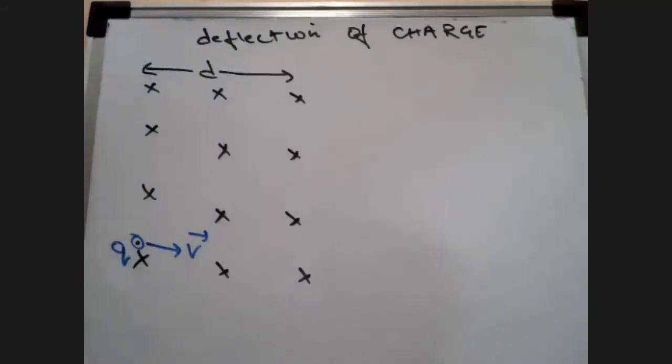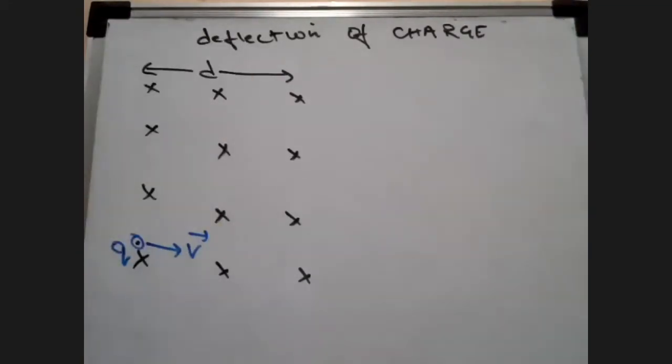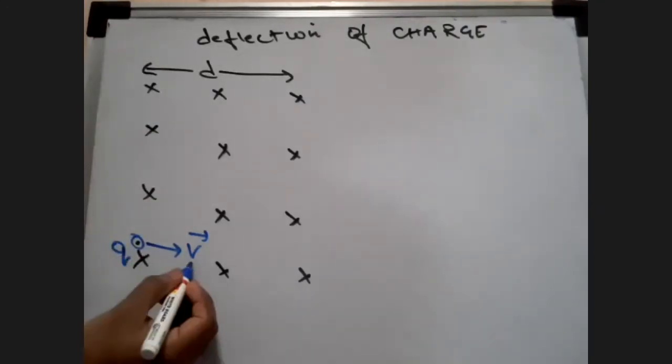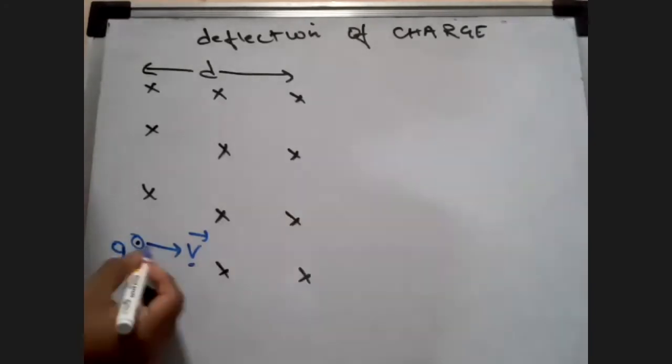But what if I tell you that I have restricted the region where magnetic field is present? If I have restricted it only to a width of d, and I'm saying that this charge has been flicked with a certain velocity, and it is having some circular path. It is going towards that.